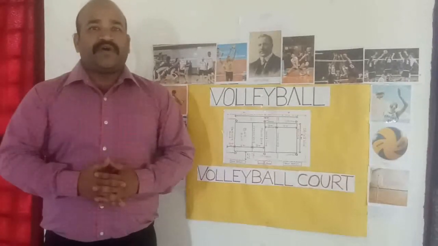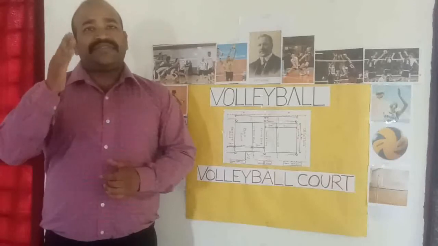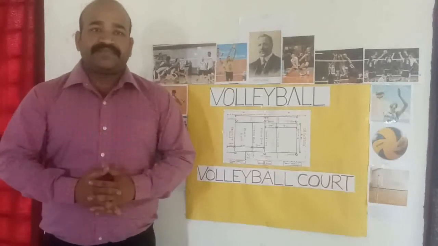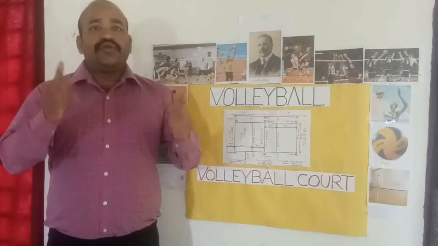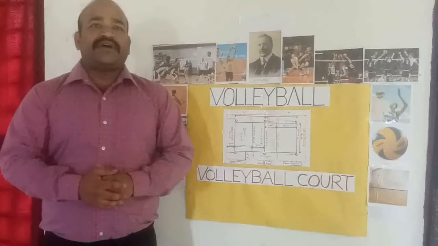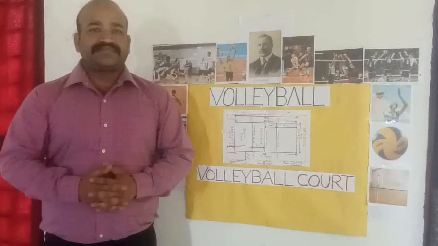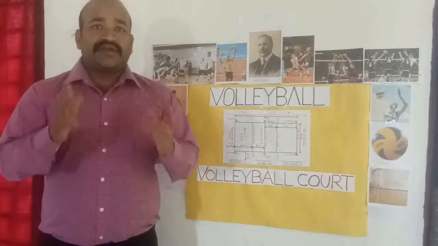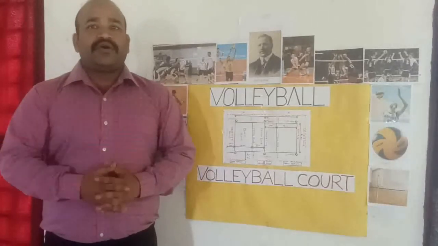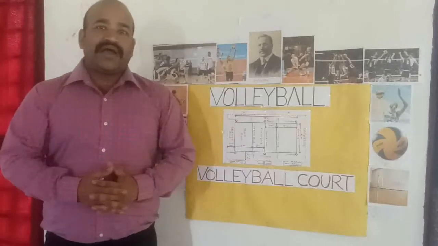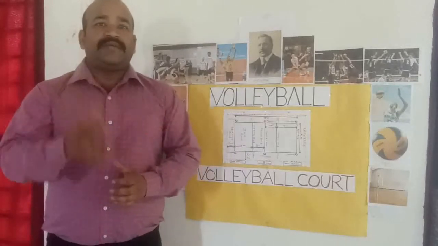Next point of volleyball: the basic volleyball rule violations. Rule violations that result in a point for the opponents. Number 1: when serving, the player steps on or across the service line while making contact with the ball.